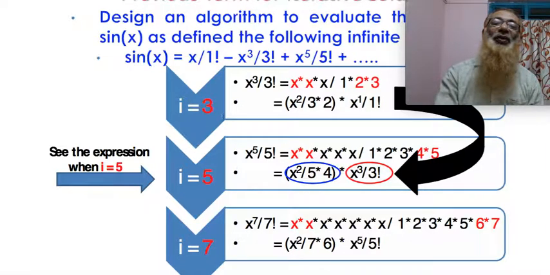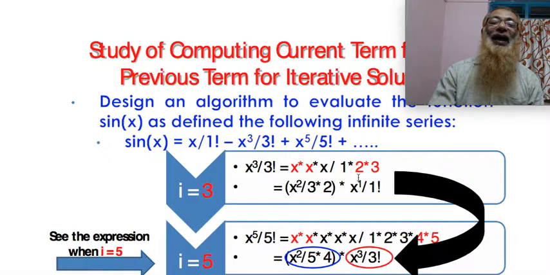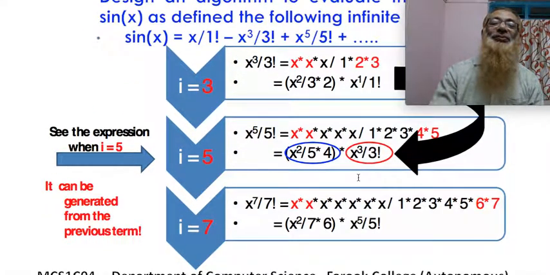When the value of I became 5, to generate the third term, it is written as such, x square by 5 into 4, and we get this x^3 by 3 factorial here. And this exercise continues for the current term x^7 by 7 factorial also.